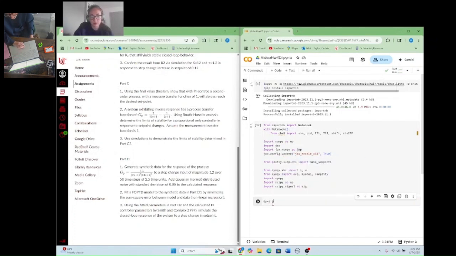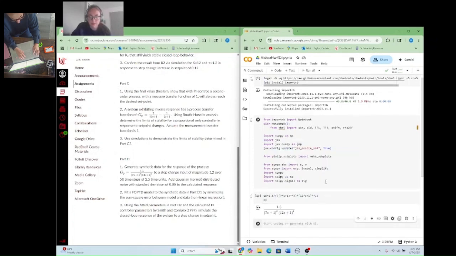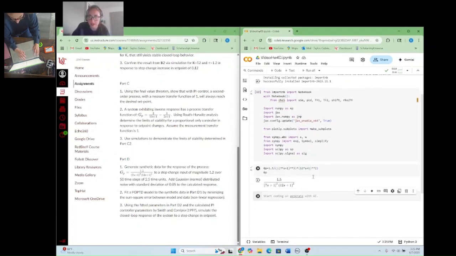So it's 1.5 divided by 7 times s plus 1, to the third power, times 12 times s plus 1 to the second power. And then we're going to put that in there, and I'm going to double check to see if this is correct. Okay, great.